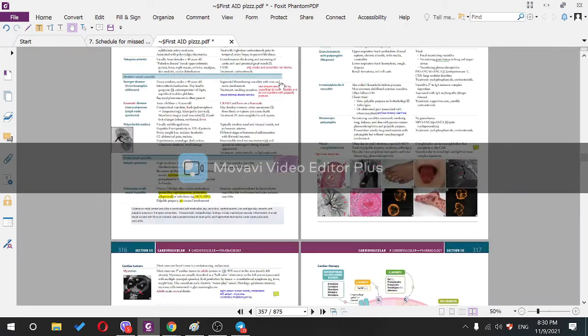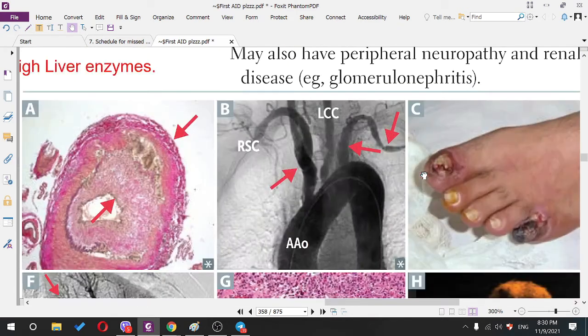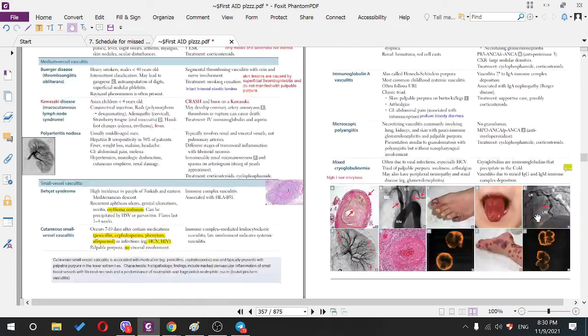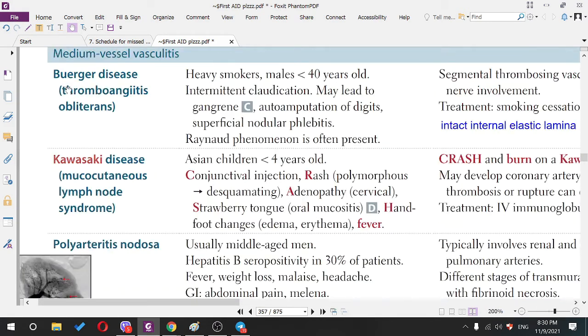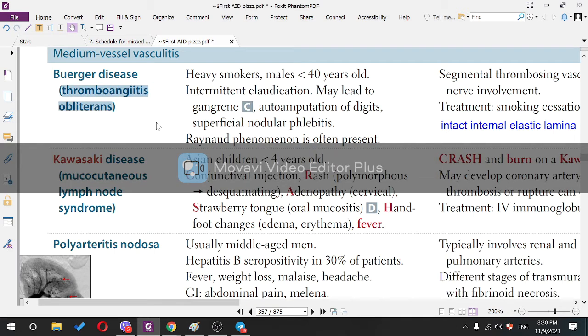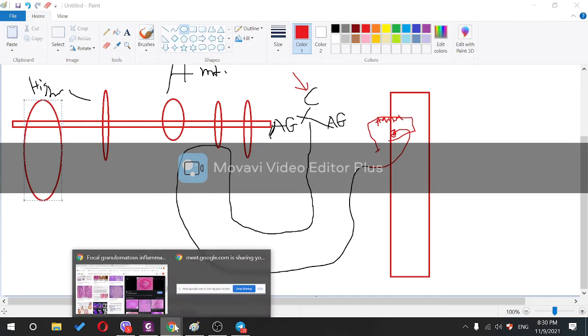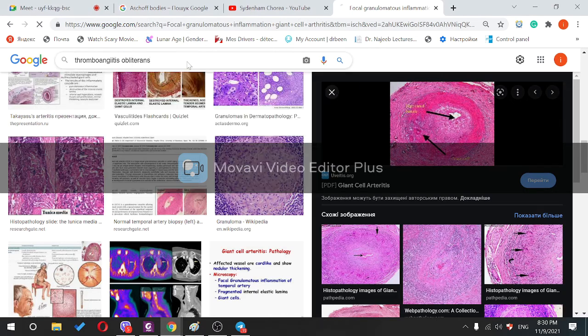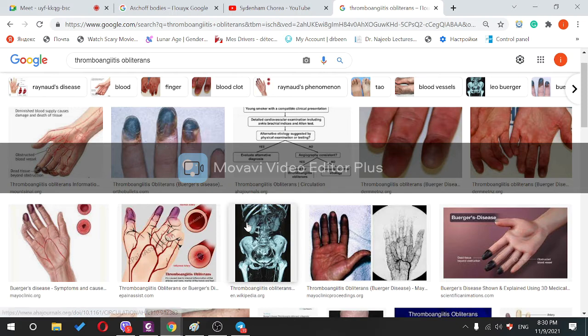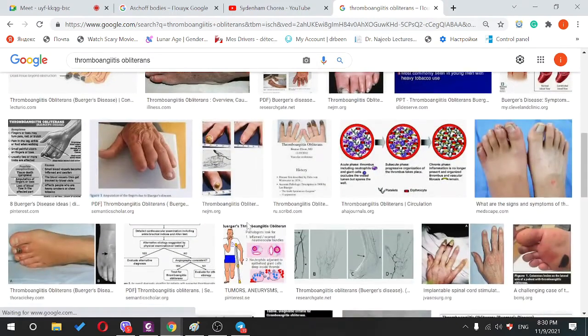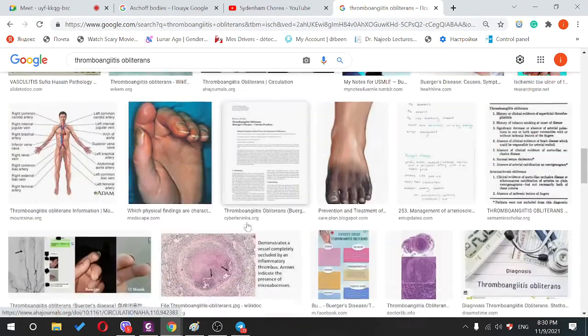Look at this. Oh yeah, it's cute. So, the thromboangiitis obliterans, the most common cause is smoking. It's a form of thromboangiitis, and the main thing is that the vessels are just getting occluded because the patient is a freaking smoker.